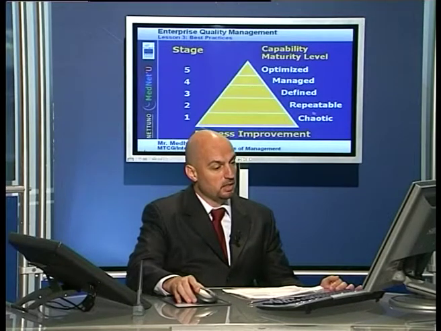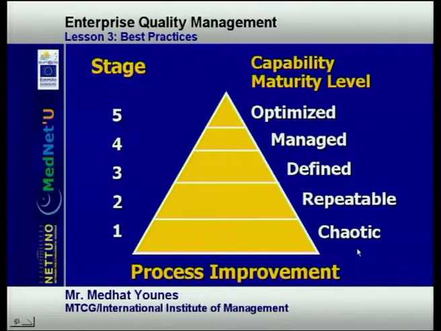At the chaotic level, the key characteristics of an organization process or work include the lack of formal procedures, the lack of documentation, work is done on ad hoc basis, and there are no management controls to ensure procedures are followed.